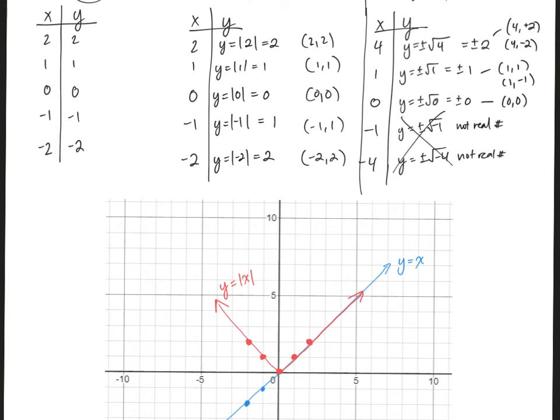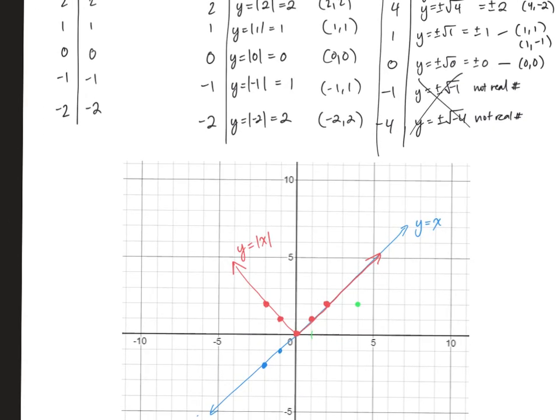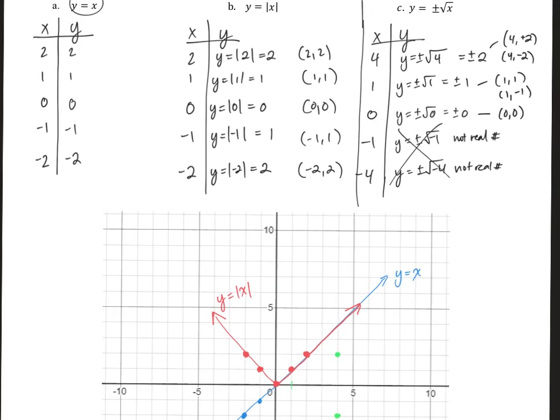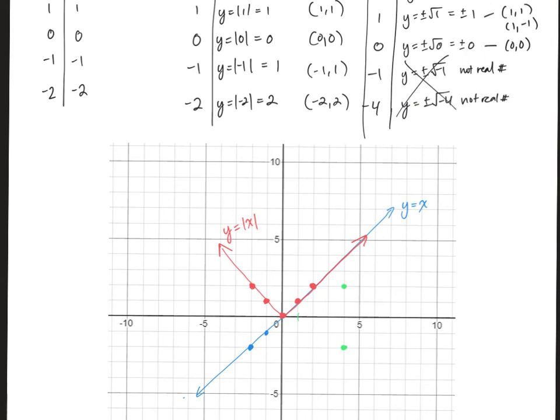So from the first one, we actually ended up with 2 points, 4, 2, and 4, -2. So let's graph that. 1, 2, 3, 4. So 4, 2, and then 4, -2. The next one also gave us 2 points, 1, 1, and 1, -1.